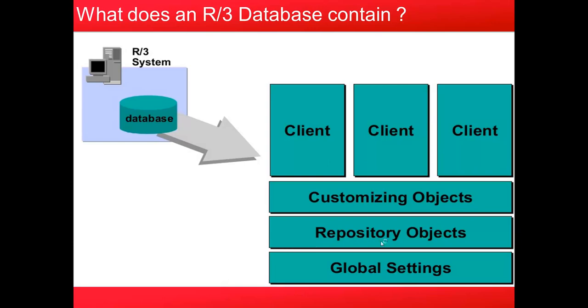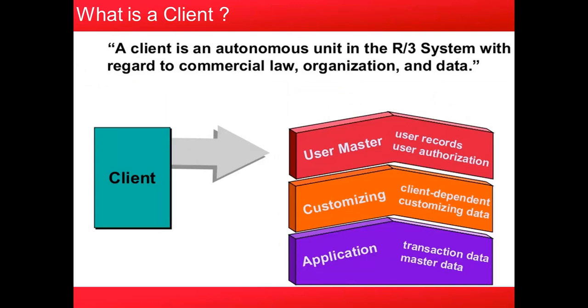On top of that, you have repository objects. On top of that, you have customizing objects. And on top of the customizing objects, you have clients, and each client will have its own set of client dependent customizing data as well.